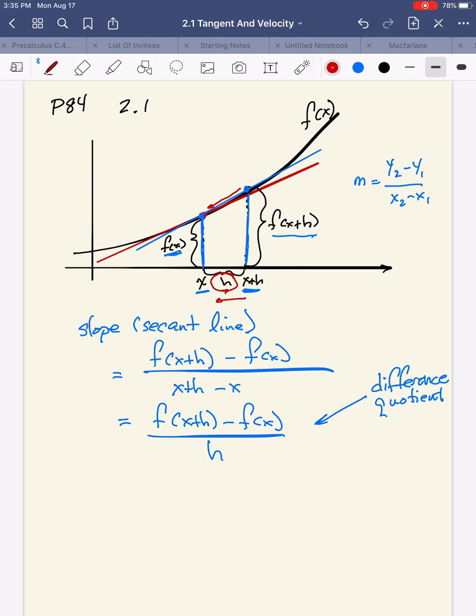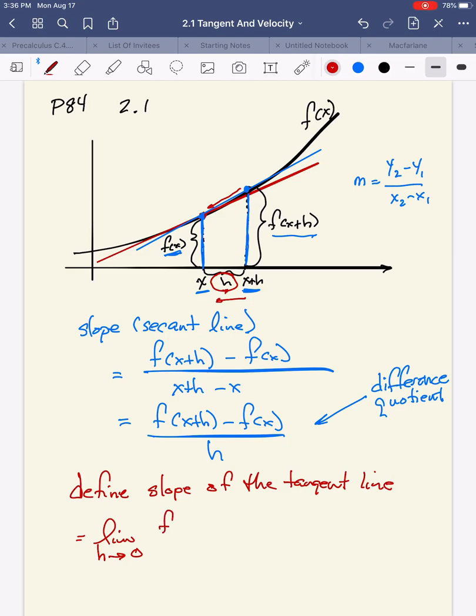And it seems reasonable to us to say we're going to define the slope of the tangent line to be equal to the limit as h approaches 0 of f of x plus h minus f of x over h.